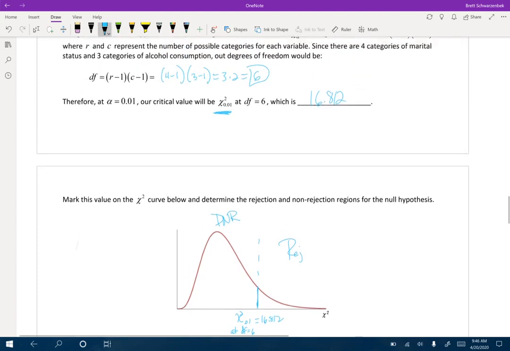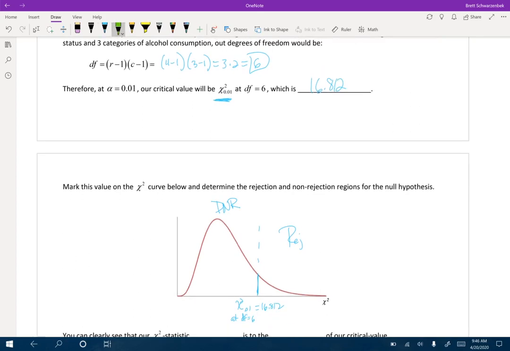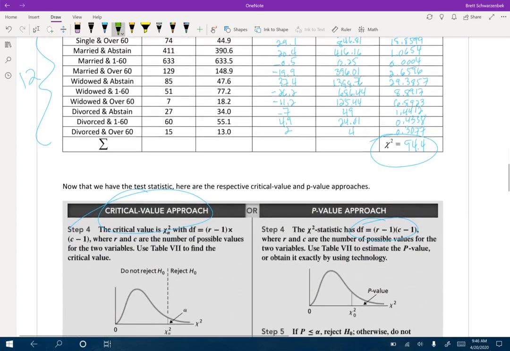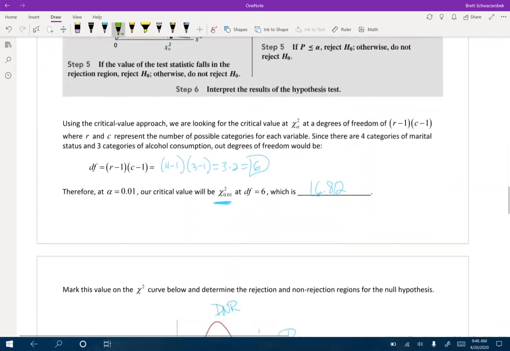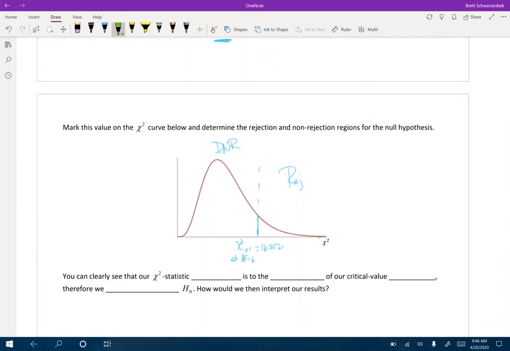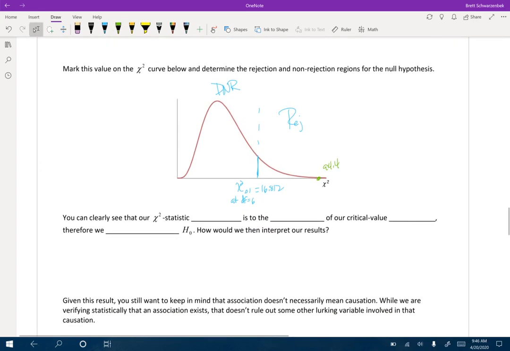We would then take our very large chi-square, worth noting here, 94.4, which is way out here somewhere, and we would say clearly, what would be our decision? So we can clearly say that our chi-square test statistic, 94.4, is to the what of our critical value, 16.812? It's to the right. Therefore, we reject H naught by a mile, by the way, right?